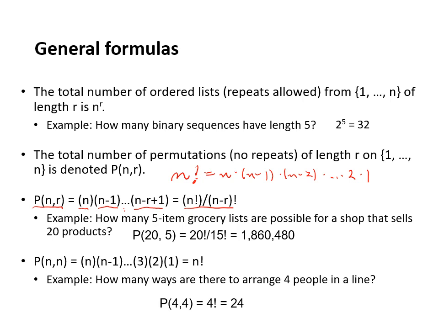So here is an example. How many 5-item grocery lists are possible for a shop that sells 20 products? We are drawing permutations from a set of 20 elements, and the length is 5. So that's P of 20 comma 5, which is equal to 20 factorial divided by 15 factorial, which is this large number here.